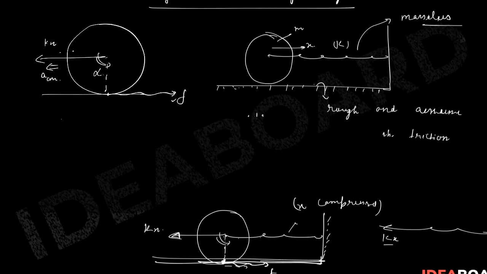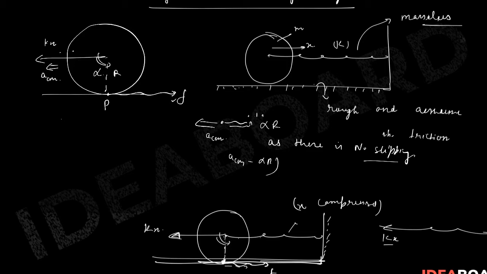So at point P, acceleration will be ACM outwards or in left direction, and because of this alpha r, acceleration will be alpha r, which is rightwards. So as there is no slipping, we know that ACM minus alpha r has to be 0, because this touches the ground and ground is not having any acceleration. So we get the condition ACM is equal to alpha r for our calculation part.